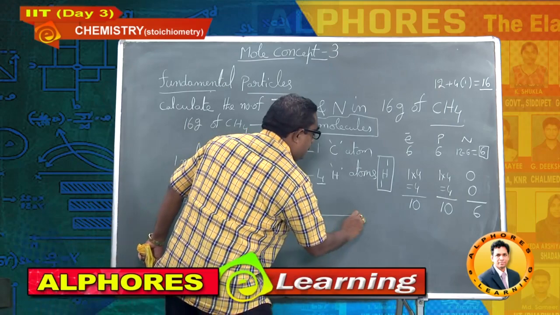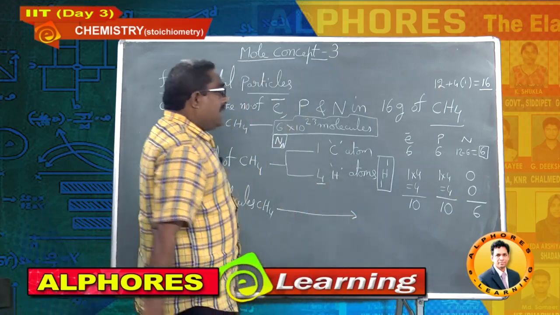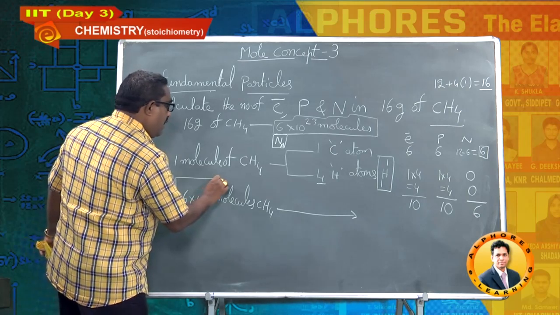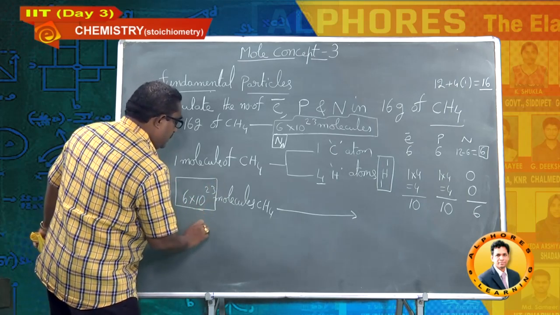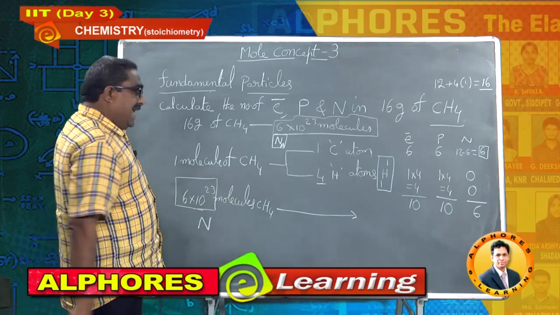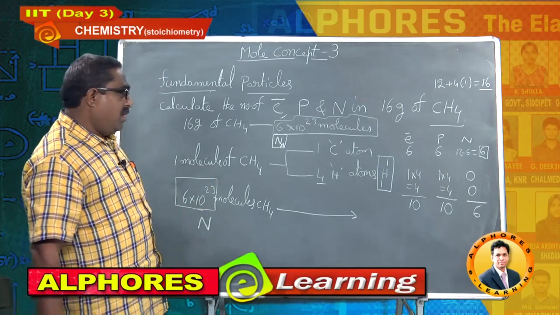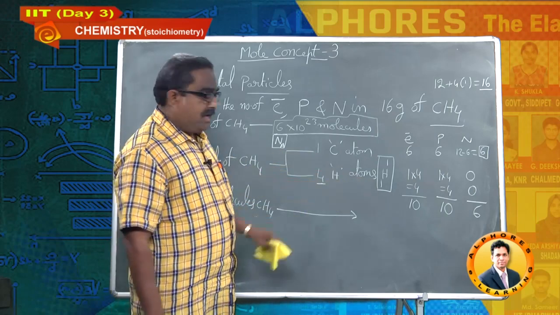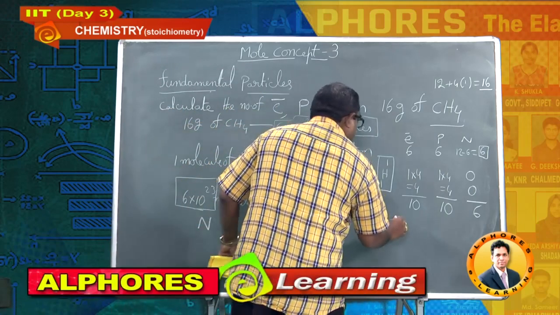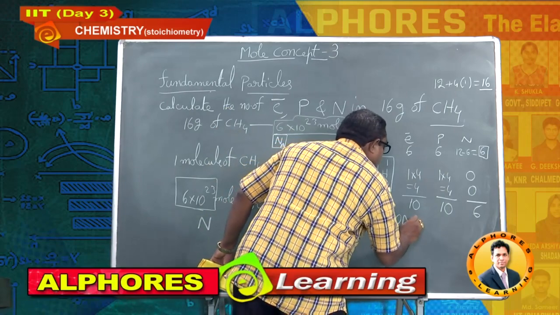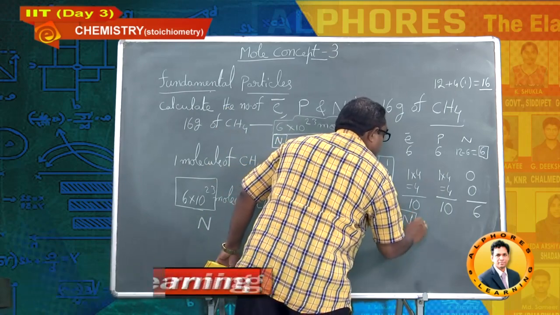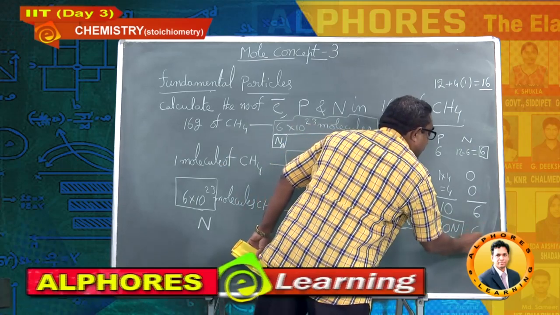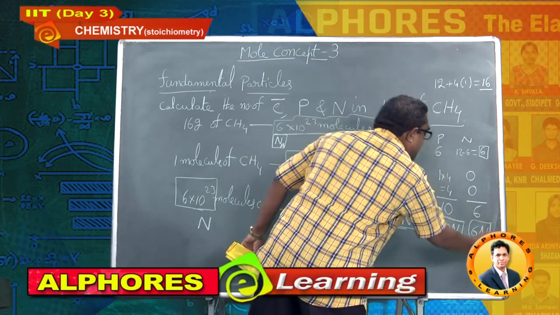Then we can calculate. Simply, instead of this, we can also simply write N or Na. No problem. So, one molecule, 10 electrons. So, N molecules, 10 N electrons. Here 10 N protons. Here 6 N neutrons.